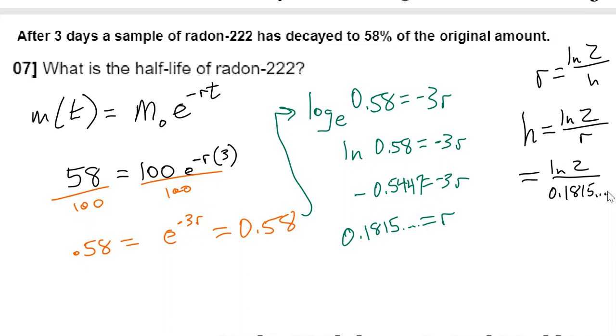And that'll bring up my last decimal. And that gives me H is about equal to 3.8. So that would be about, and they were talking about in terms of days. So if it decays after 3 days to 58%, it's going to decay to 50% at the end of 3.8 days. There's a little bit of change to that, but that's about as close as we want to get.